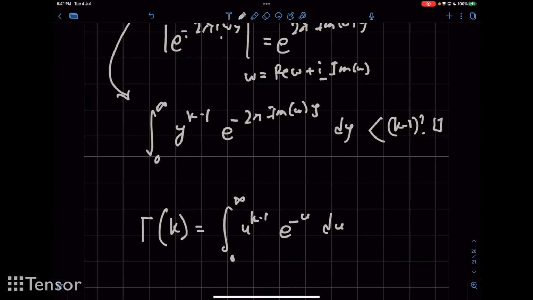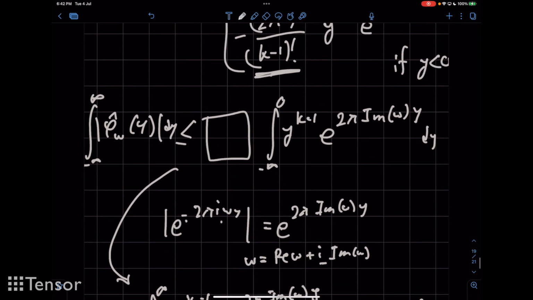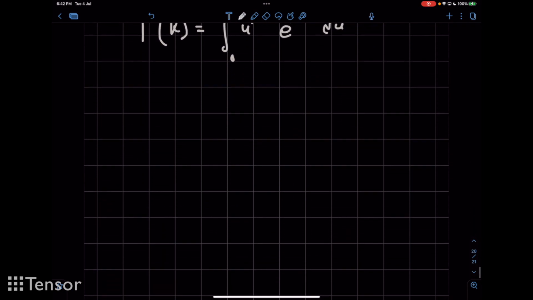Well, we don't really care about constant factors, we just care about the fact that they are constant. So therefore, phi w hat is absolutely integrable. Now, let us bring out the big gun, the Poisson summation formula. So I think it's better if I write our functions once again.